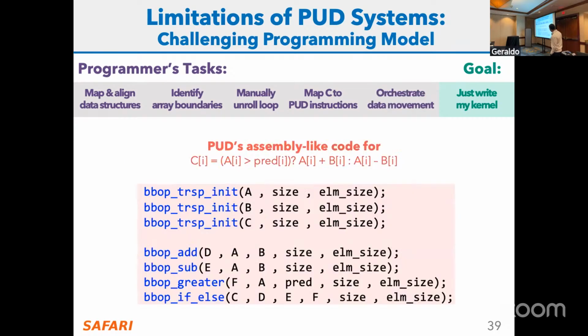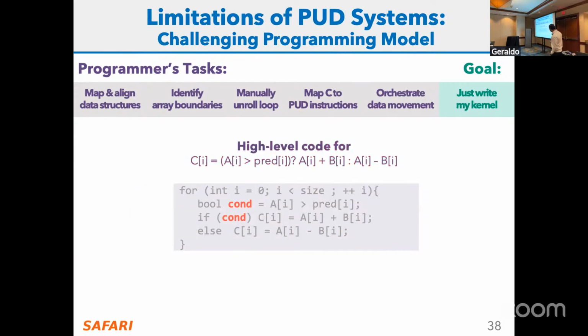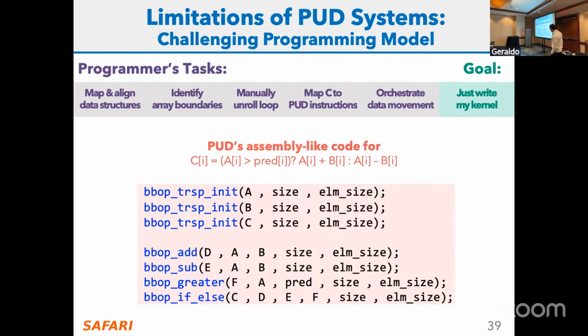So this is the example of the same code here, using the bbop instructions for a predicated add and sub operation, and this is not trivial to write.